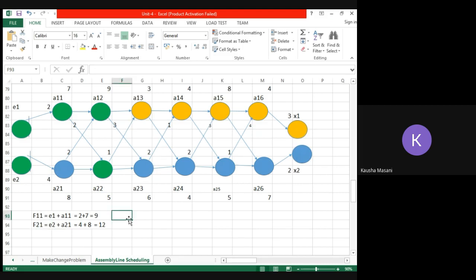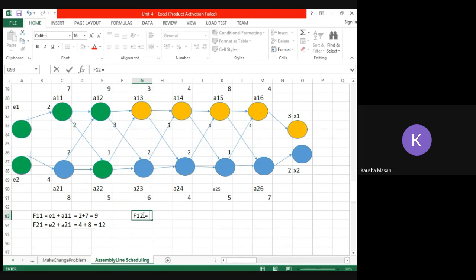Now go to the next station, A12 and A22. Okay, so finishing time at first of all station A12, so F12. Here at A12, I can reach in two ways.